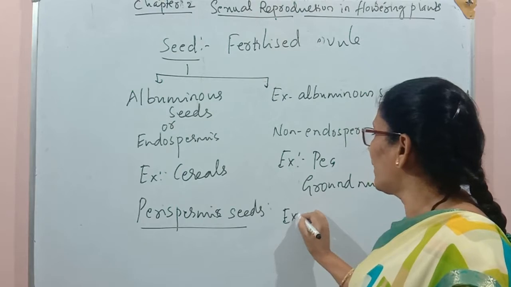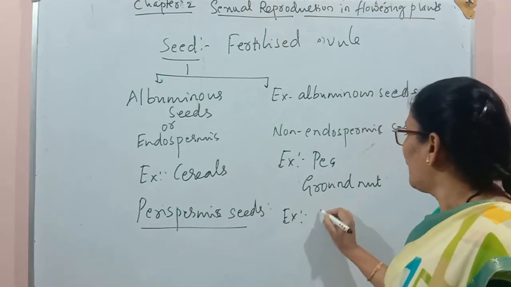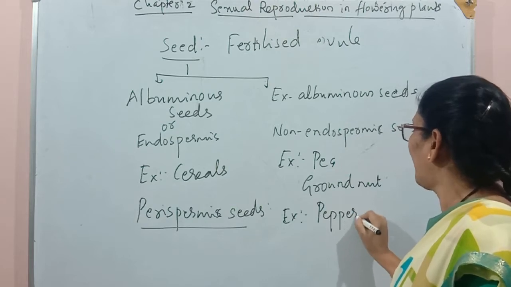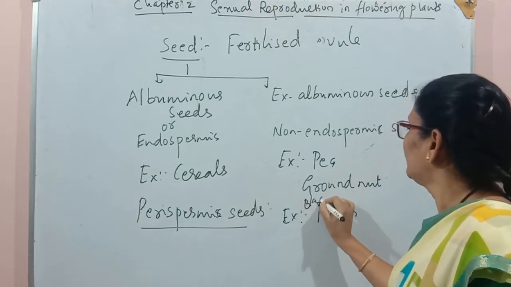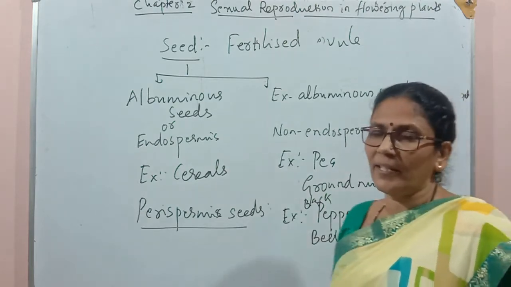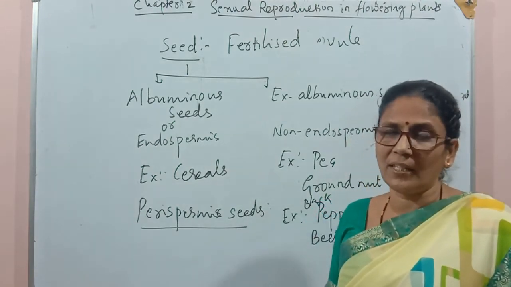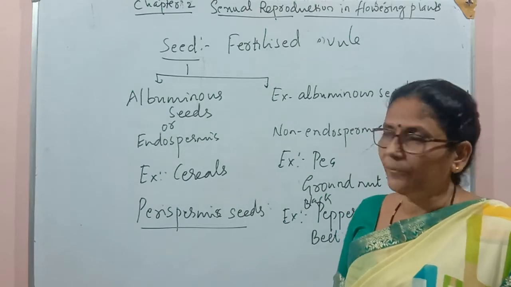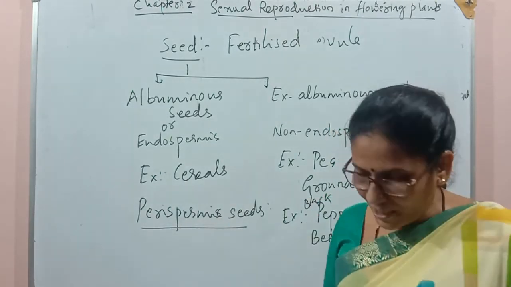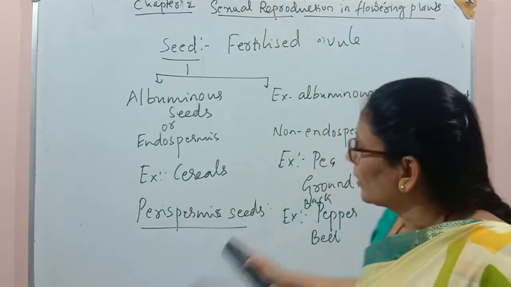Examples of perispermic seeds are black pepper and beet. In these plants, we can see the nucellus in mature seeds.